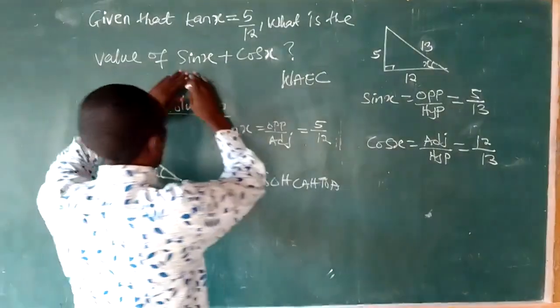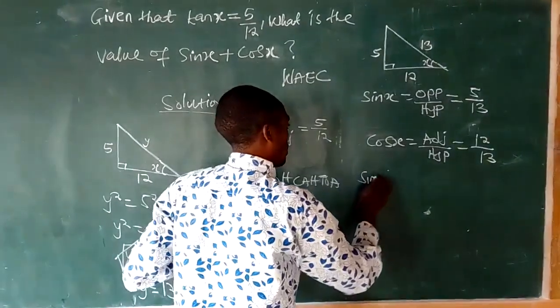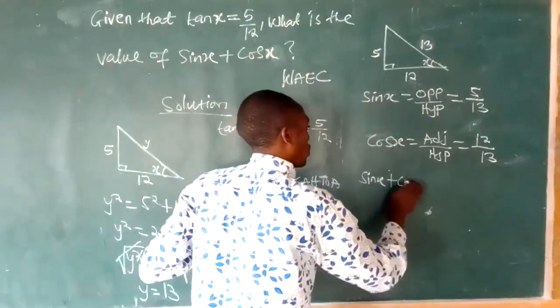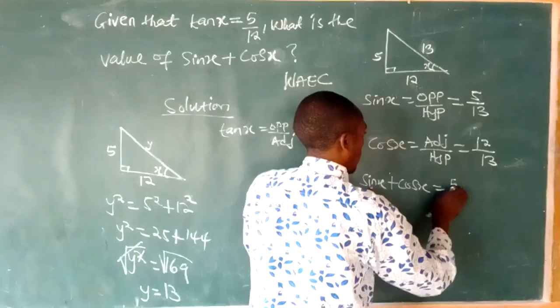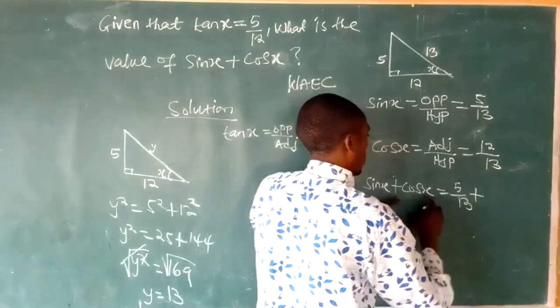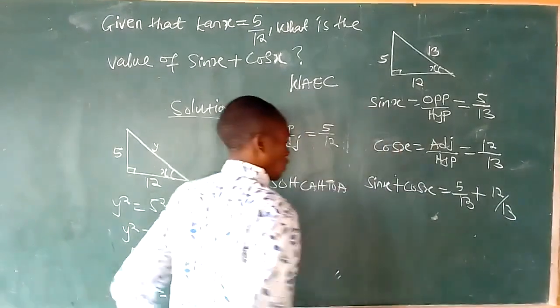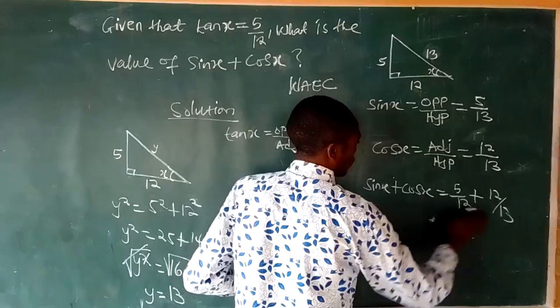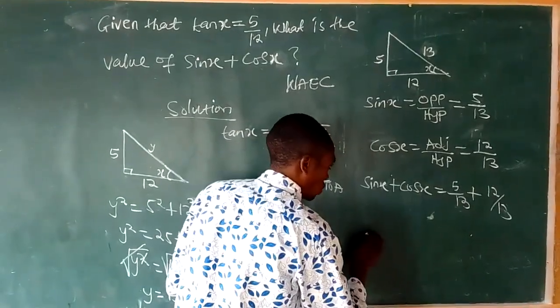And then we now find the value of sine x plus cos x. Sine x plus cos x will be the same thing as 5 over 13 plus 12 over 13. If you observe, we have like fractions here. So we just choose one of the denominators.